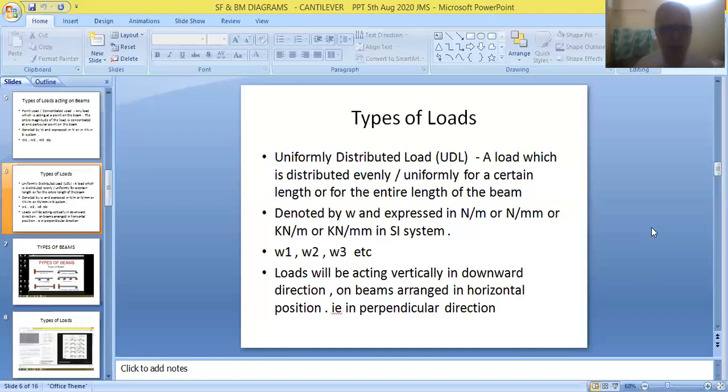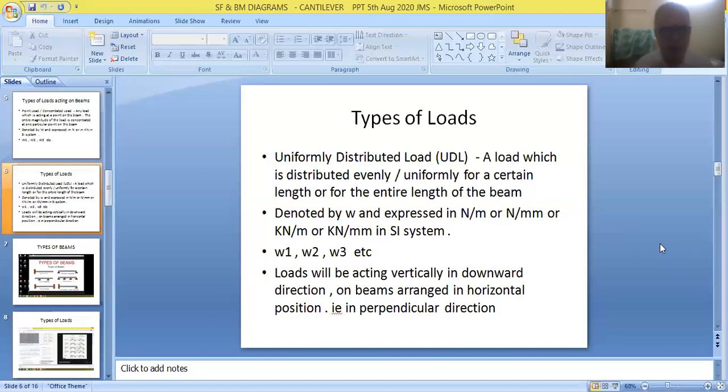And as mentioned in the first statement, sometimes this UDL will be acting for the entire length of the beam, and in some cases it will be acting only for a portion of the beam. It can be the first portion of the beam, or the second portion, or the last portion of the beam.